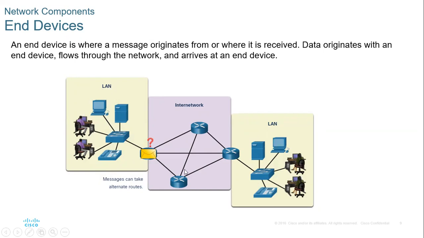Using the internet or a WAN, wide area network, we can communicate between this LAN and that LAN, but we must have routers. A router will connect different LANs together. A switch will connect devices in the same LAN together. We'll talk about each one later.